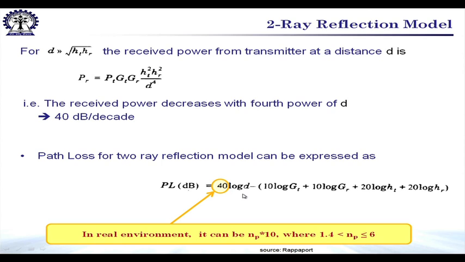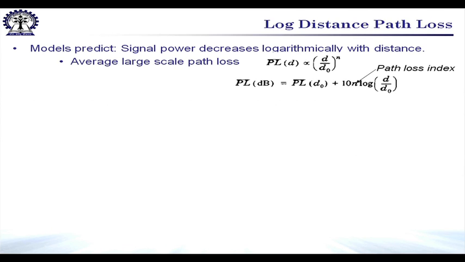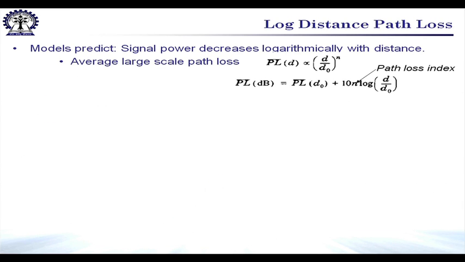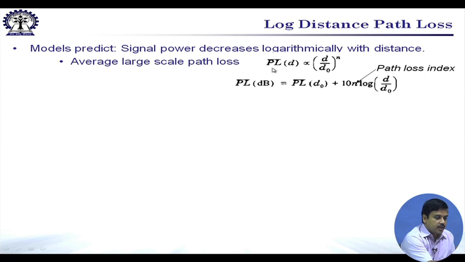As we continue to look at these expressions, path loss at a distance d is inversely proportional to d raised to the power of n, normalized by d0.